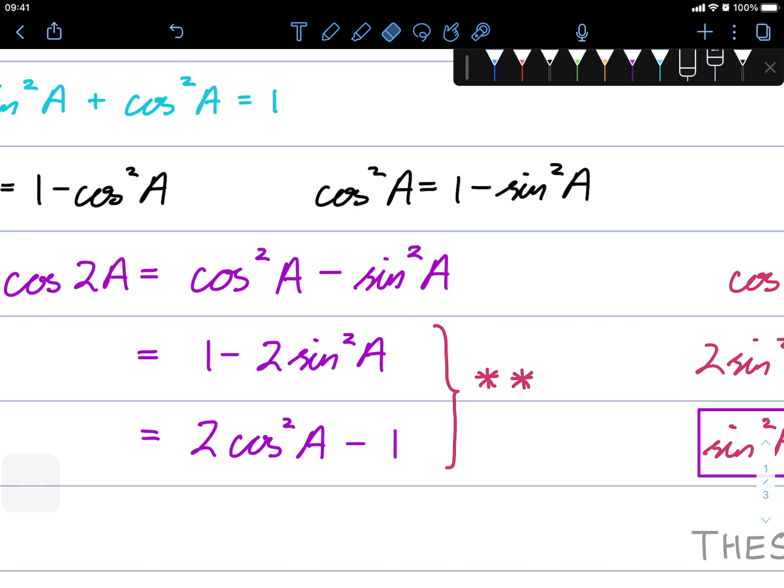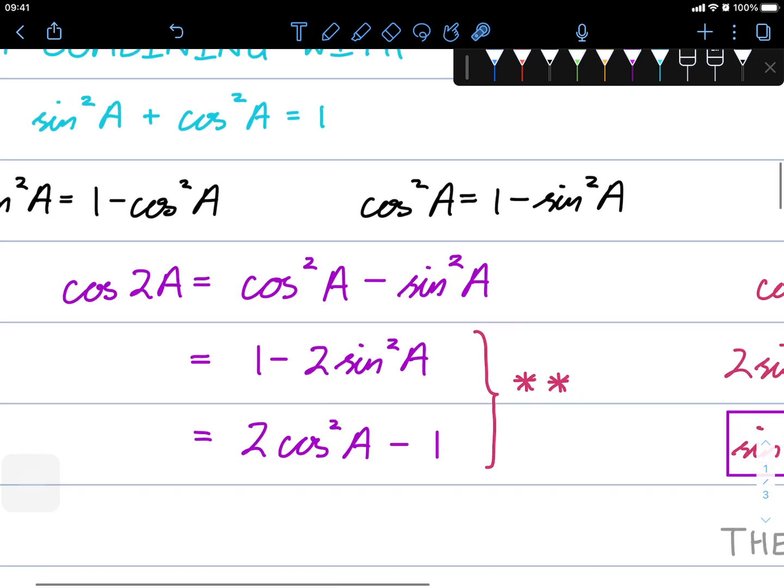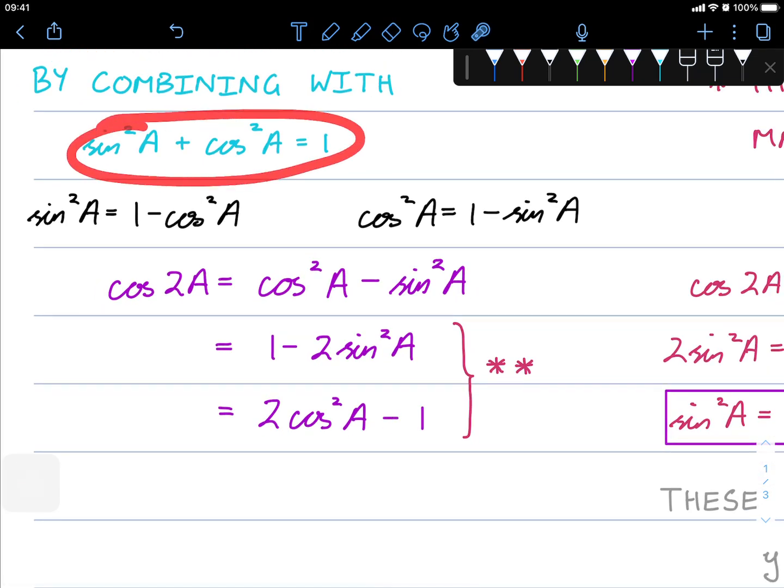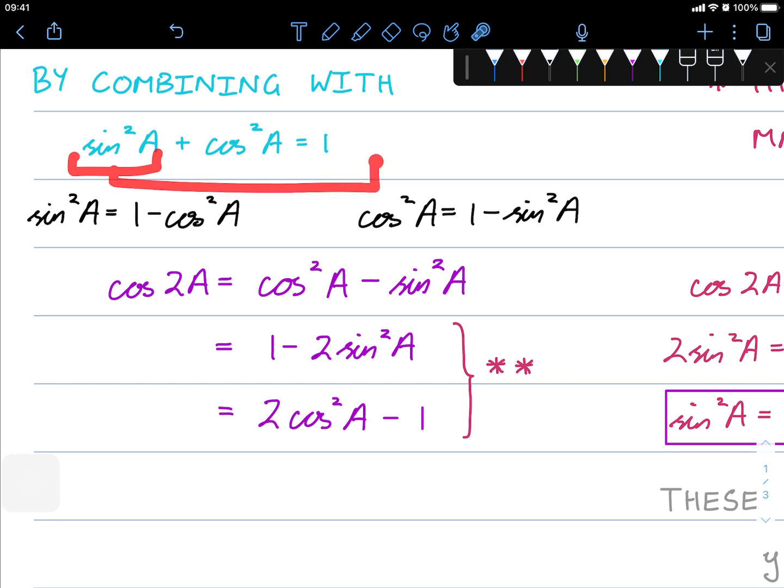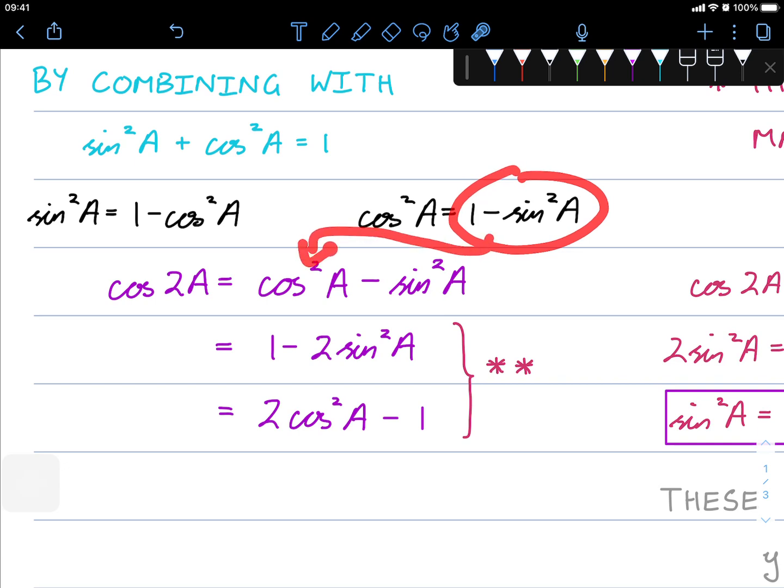Likewise, if we rearrange the Pythagorean identity and make cosine squared the subject, by moving sine to the other side, like so. We can substitute this here.